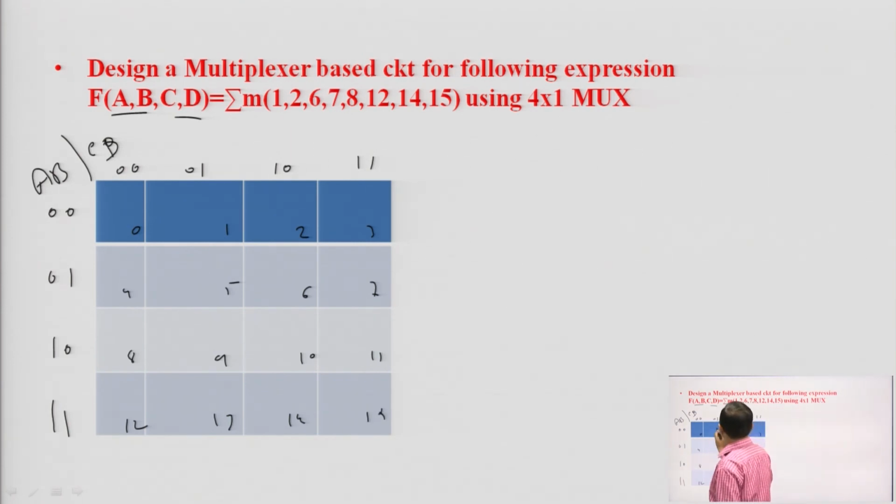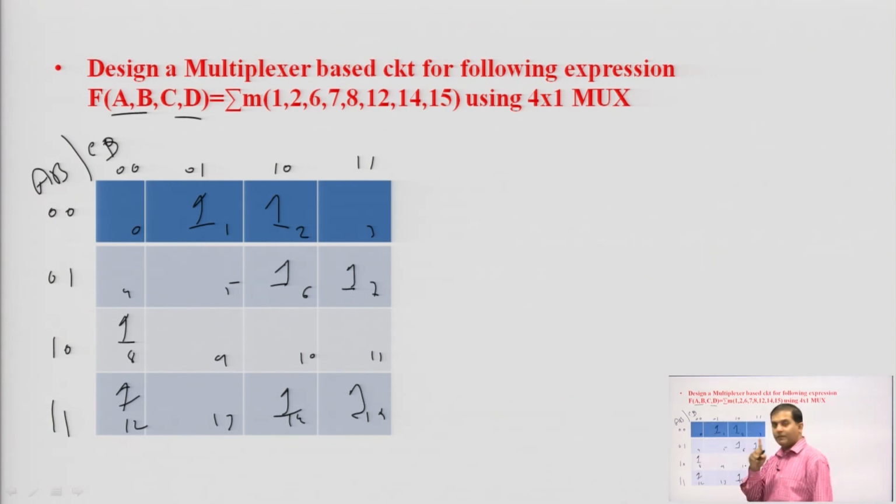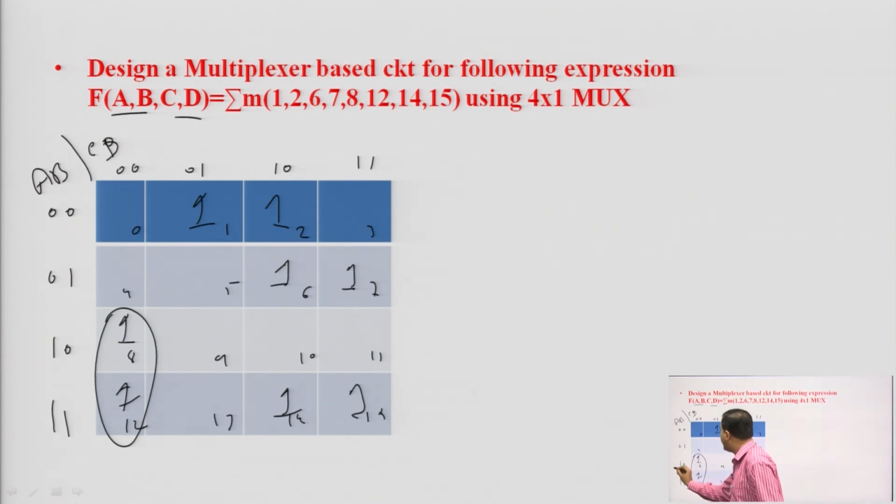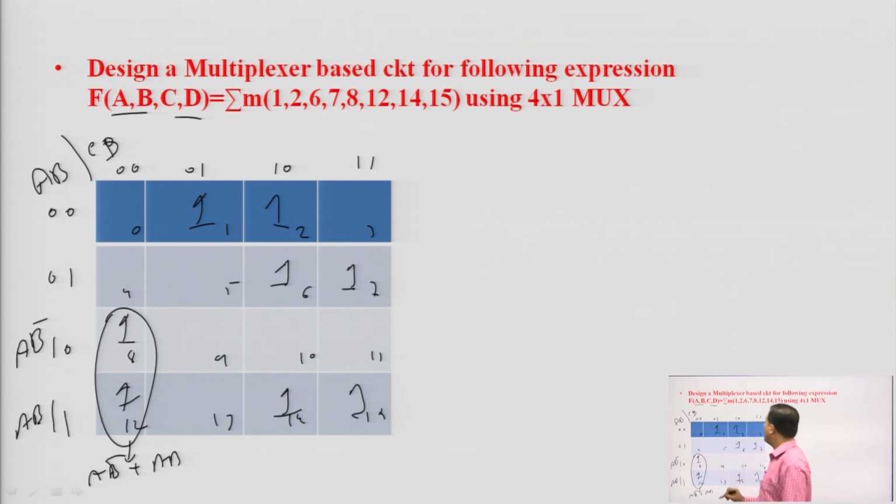So, we will be putting 1 at 1, 2, 6, 7, 8, 12, 14 and 15. I am doing here, see, here we are having both 1. So, it will be coming as A B bar plus A B. Like that you have to look here, only 1, here this 3. So, it will be added like that, same as before. You have to do it on your own.